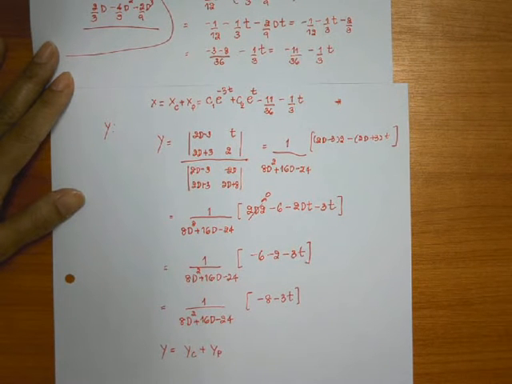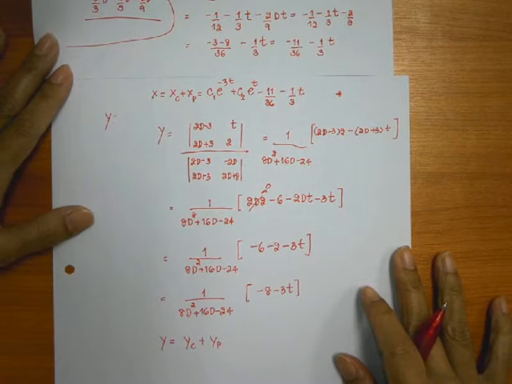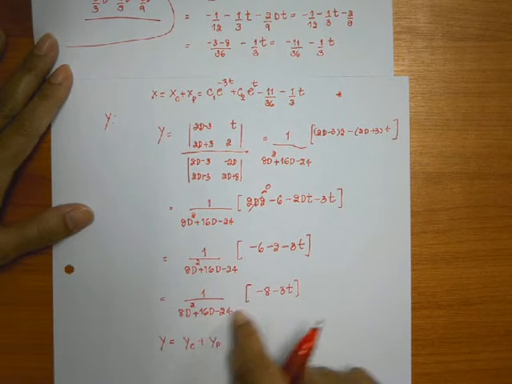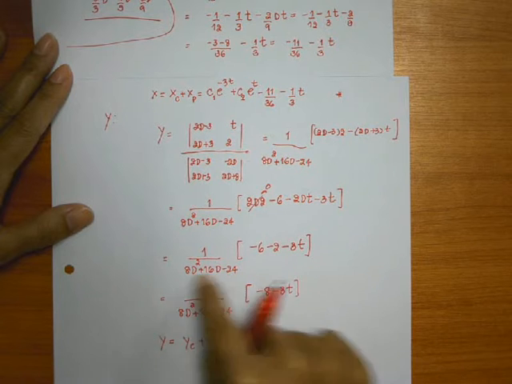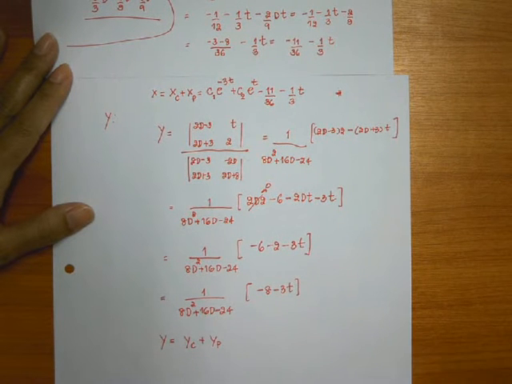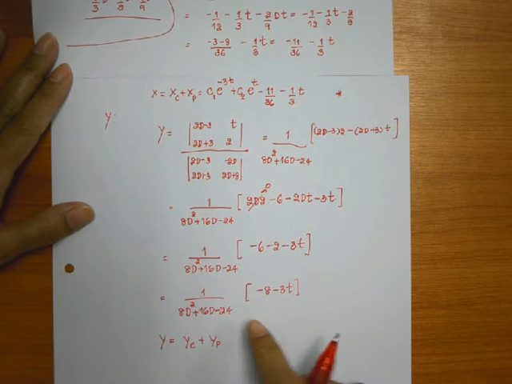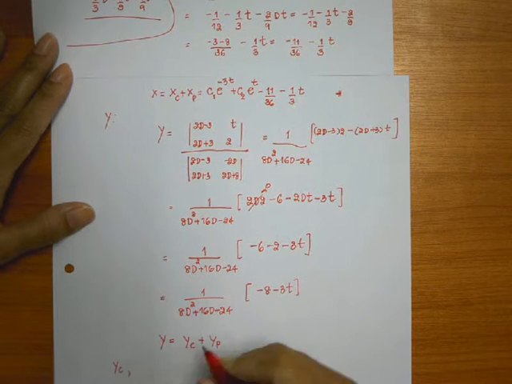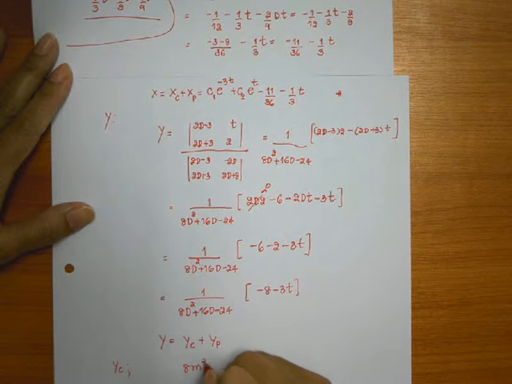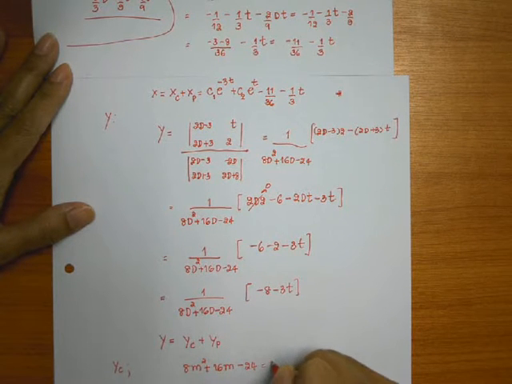To find yc, you got to find the answer from the characteristic equation, or you can write this equation down in the form of a differential equation, and then you would know the form of the homogeneous differential equation, right? 8m squared plus 16m minus 24 equal to 0.